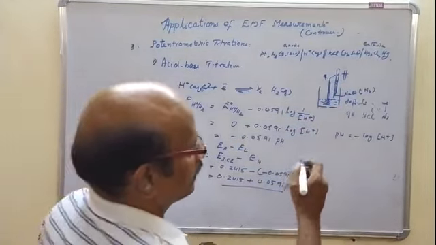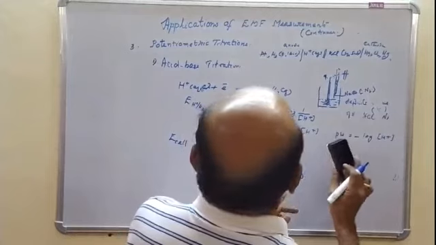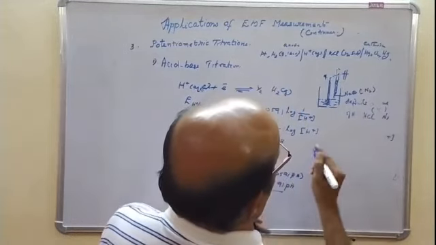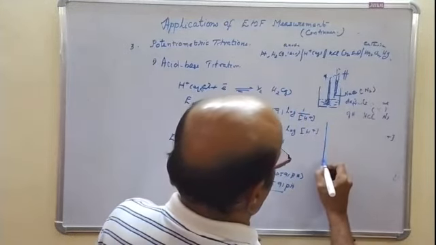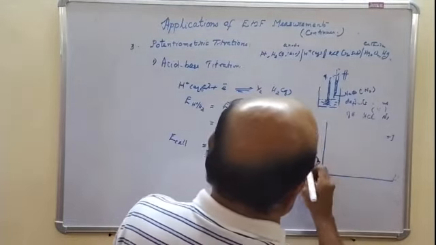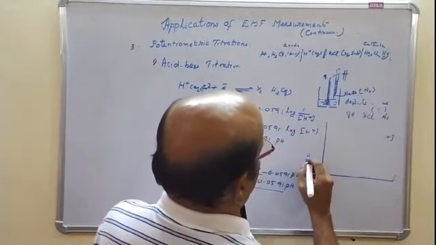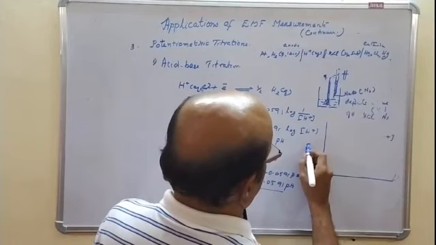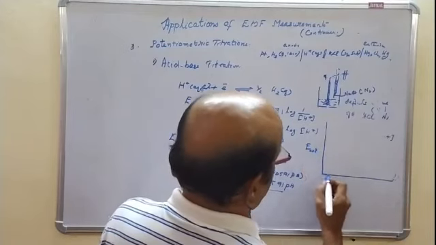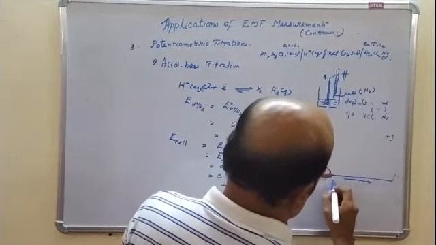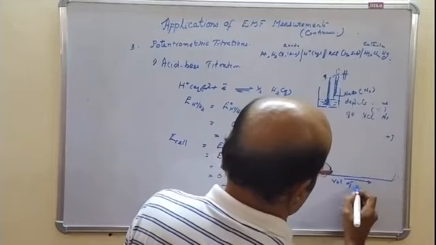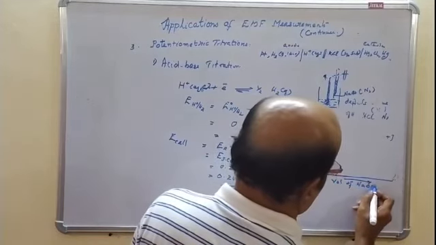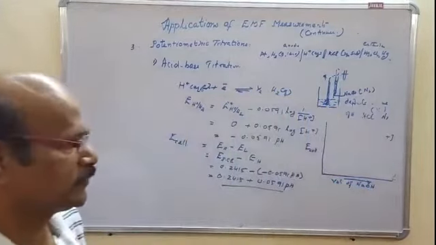So, plotting E cell versus volume of NaOH, the volume of alkali added, it goes on increasing.